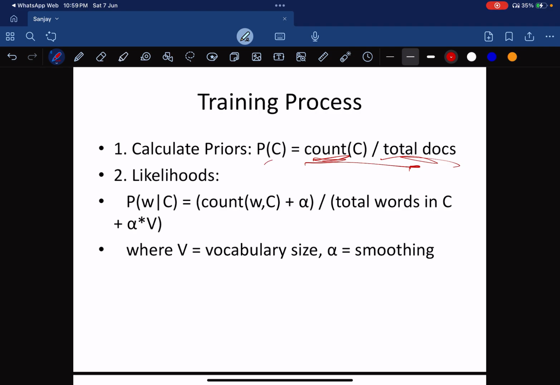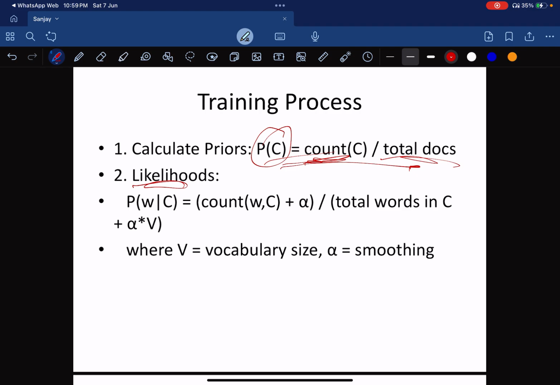This is the probability formula for n classes. If there are n classes, we find the n class probabilities, and this is the likelihood. The likelihood is the probability of a word belonging to these classes.